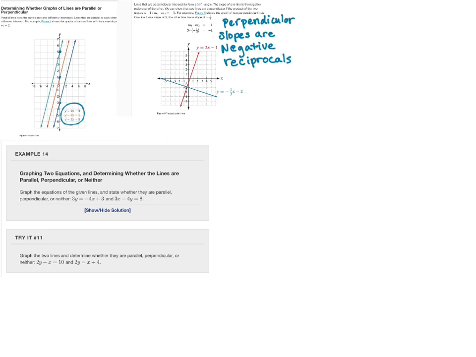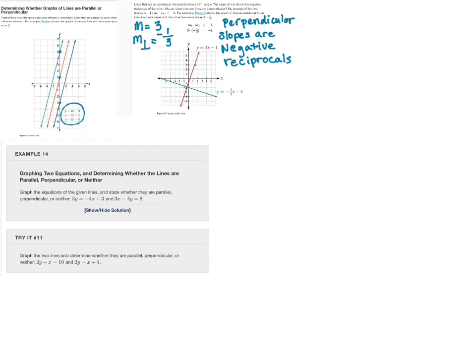So what that means is if I have one slope, m equals +3, m perpendicular is going to be flip it, so 1/3, and change the sign, -1/3.